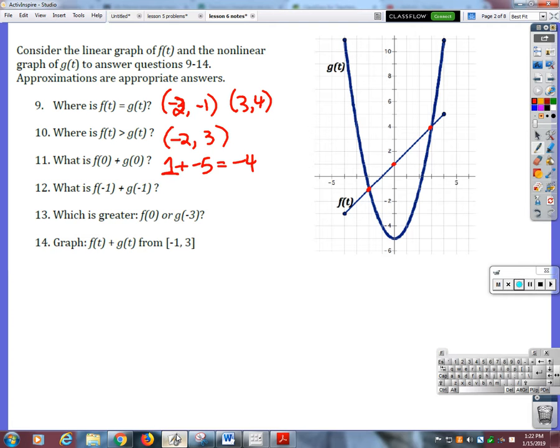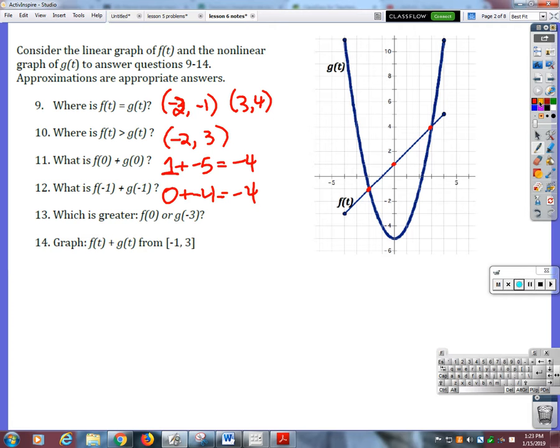What is f of -1? 0 plus, what's g of -1? G is the parabola. Yep. So if you add those together, you get -4.